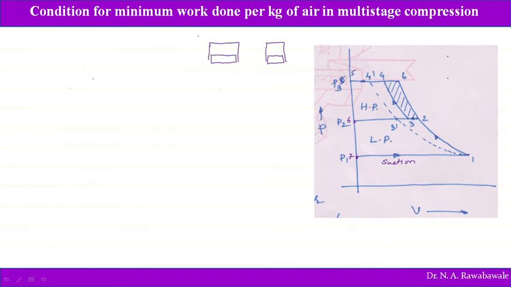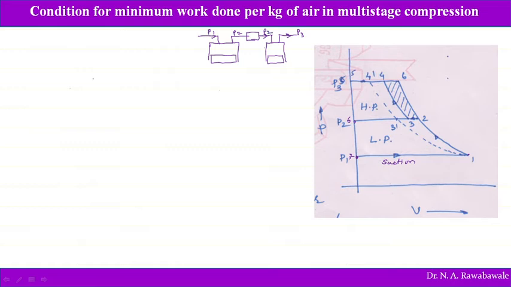And the fresh air from the atmosphere is taken at pressure P1 into the low pressure cylinder. It is compressed to pressure P2 in the LP cylinder. Then it is cooled in an intercooler and passed into the HP cylinder. And the air coming out of this HP cylinder comes at pressure P3.